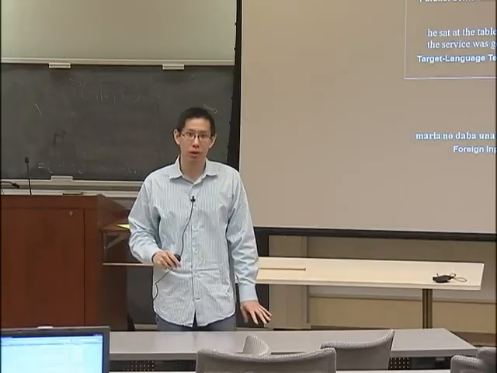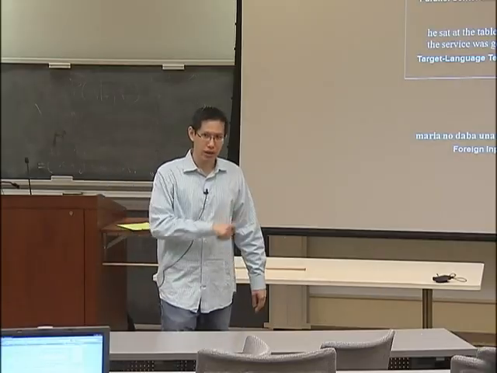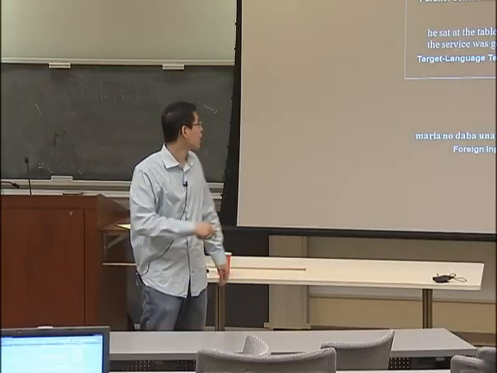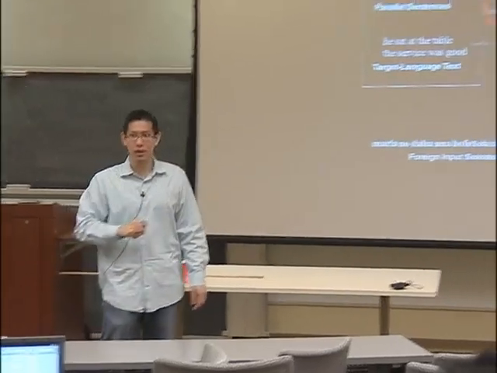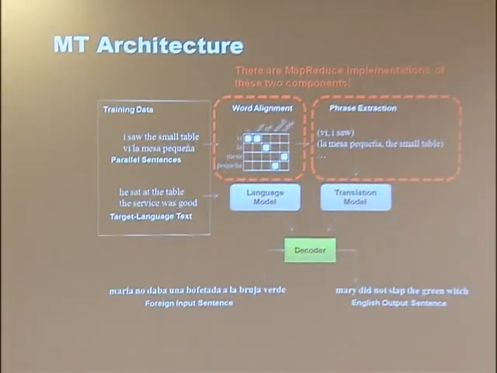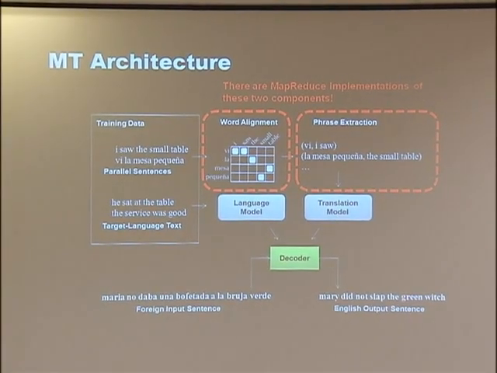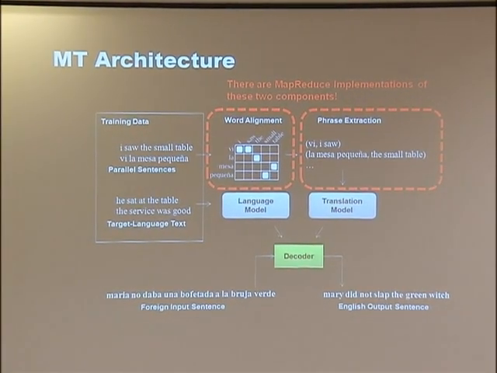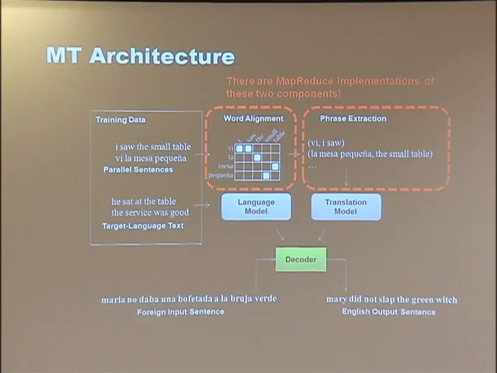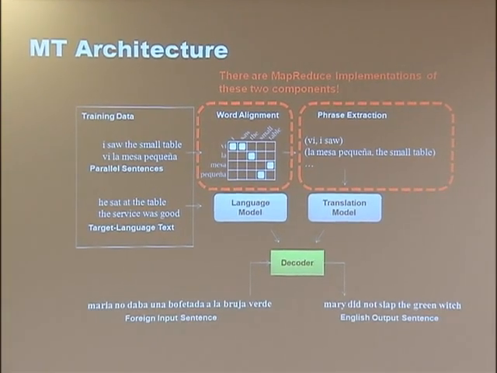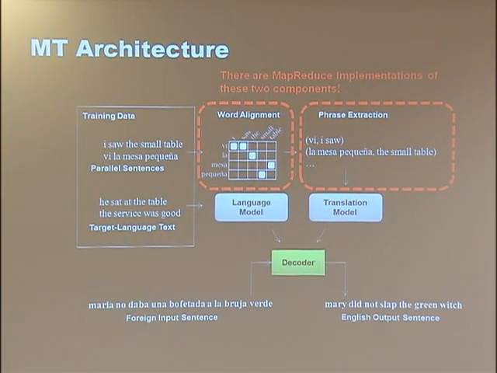So Chris looked at this problem, and what he's done over the last 2 years by now is built a MapReduce implementation for these two components, the word alignment problem and the phrase extraction problem. Okay, and one of the major reasons I also went through that example, the pairs versus stripes and computing conditional probability, is that the MapReduce algorithm for the word alignment process is not very different.